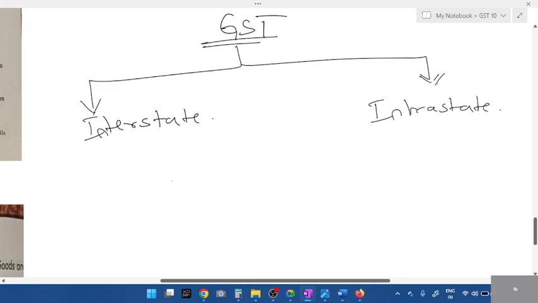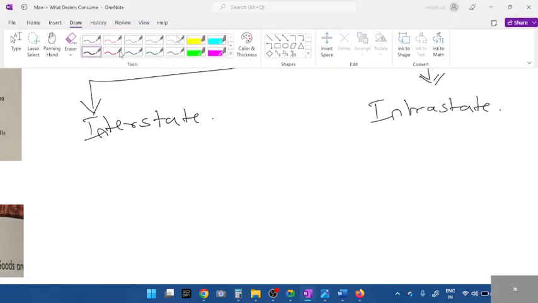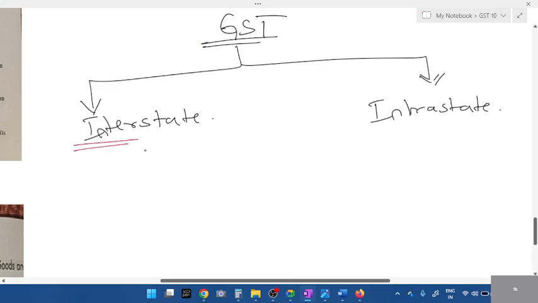Interstate, intrastate. What do you mean by interstate? It doesn't matter whether you write interstate first or intrastate, students. All that matters is inter. Inter means different.